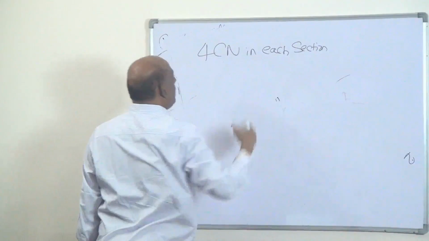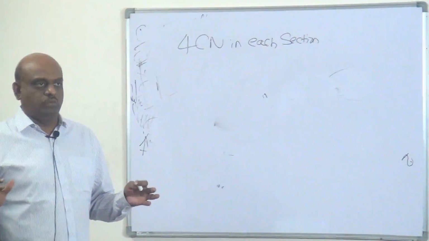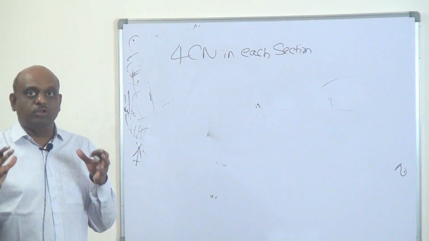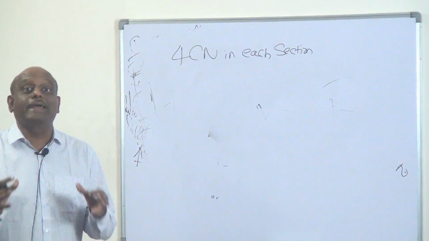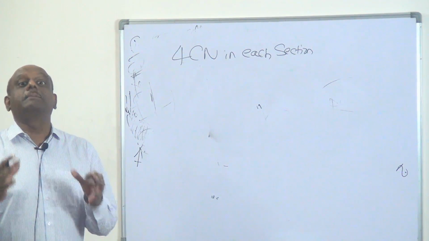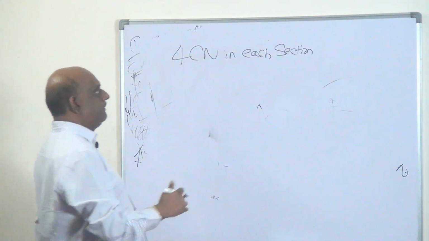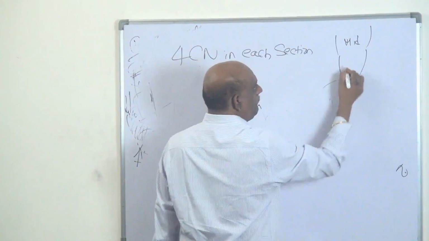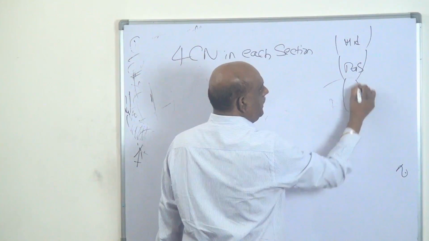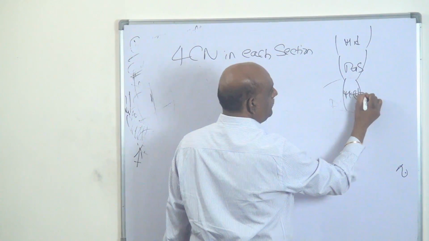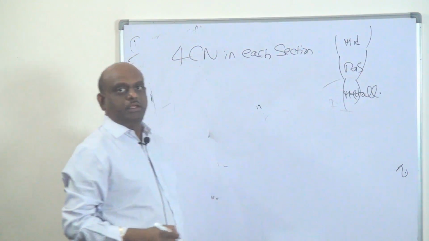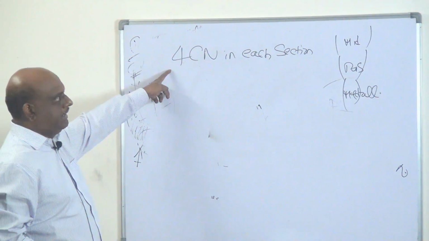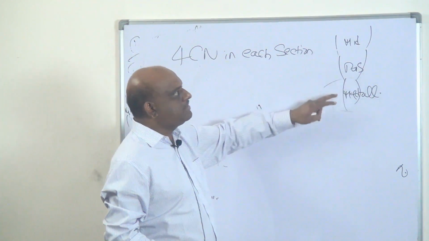I am trying to make it easy for you to remember and reproduce in the exam on brainstem strokes, how to localize the lesion based on the clinical presentation. You have a midbrain, you have a pons, then you have a medulla. So there are 4 cranial nerves in each section, that is midbrain, pons and medulla.